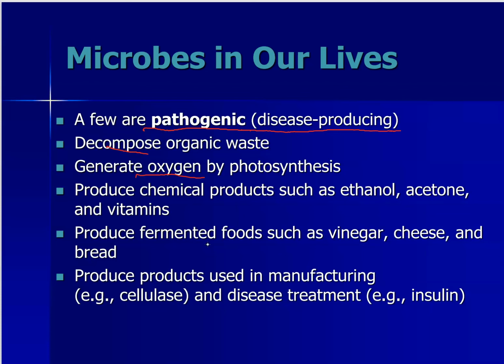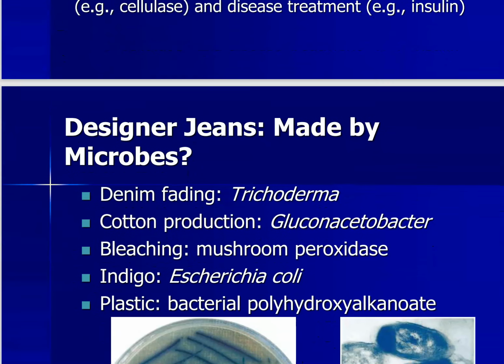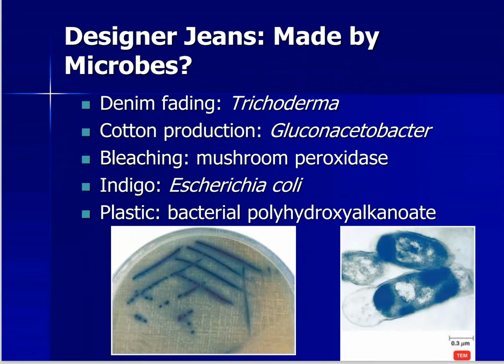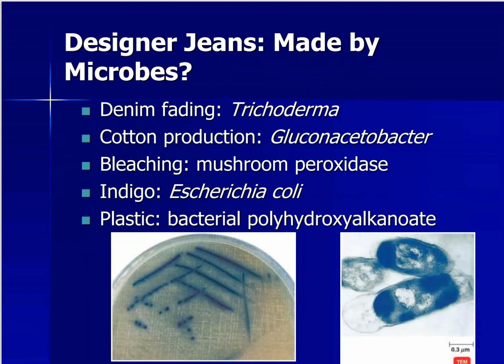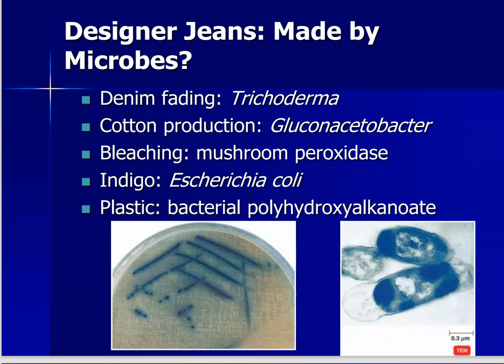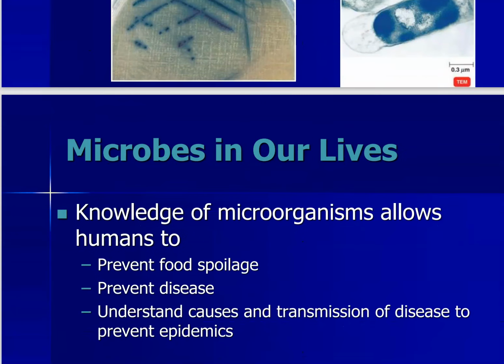And lately they're used in biotechnology to produce, for example, human insulin. We'll get to that. Here are some examples of what microbes can do for you. They can produce dyes that can be used for dyeing your clothing, for example jeans. Here are some other examples of stuff that bacteria can produce.